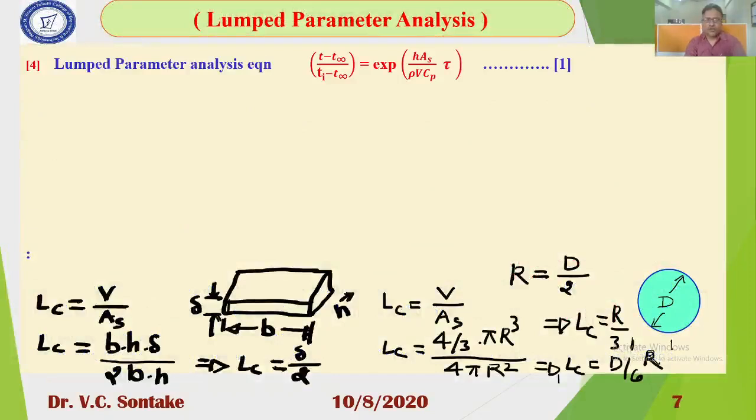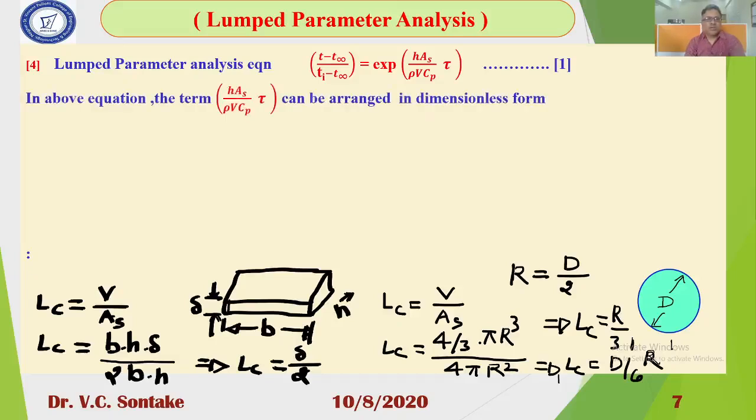Point number 4. Now the lumped parameter equation in slide 1. This equation appeared as (T minus T infinity) over (Ti minus T infinity) is equal to exponential of minus hAs over rho V Cp into tau. Now in this equation 1, the term hAs over rho V Cp into tau can be rearranged in non-dimensional form as follows.